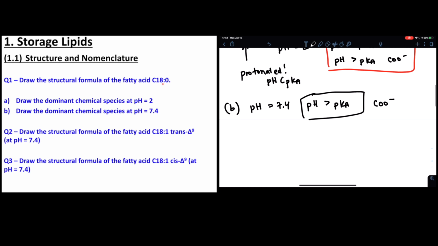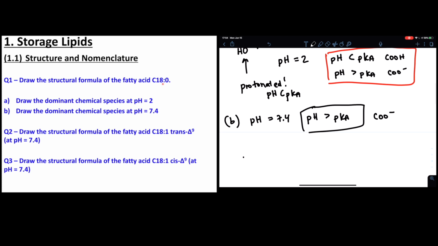Let's do our carbons again: 1, 2, 3, 4, 5, 6, 7, 8, 9, 10, 11, 12, 13, 14, 15, 16, 17, 18. And there we go. So that is the dominant species at pH 7.4.